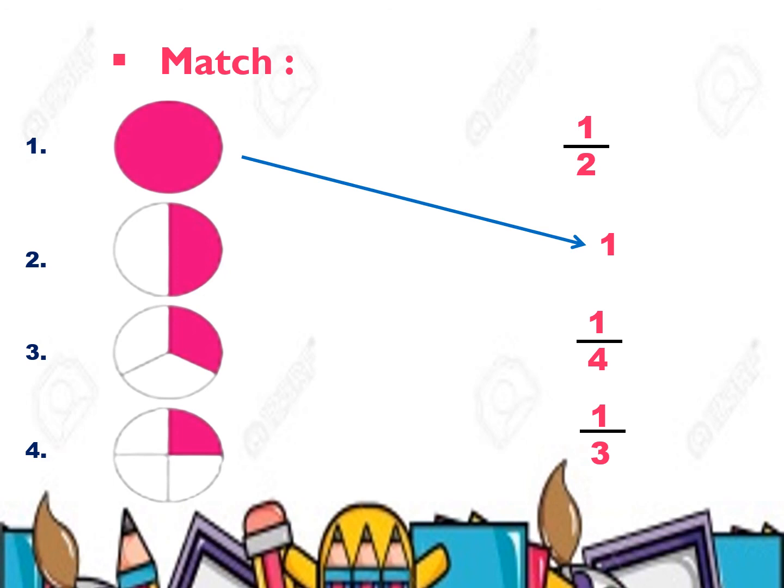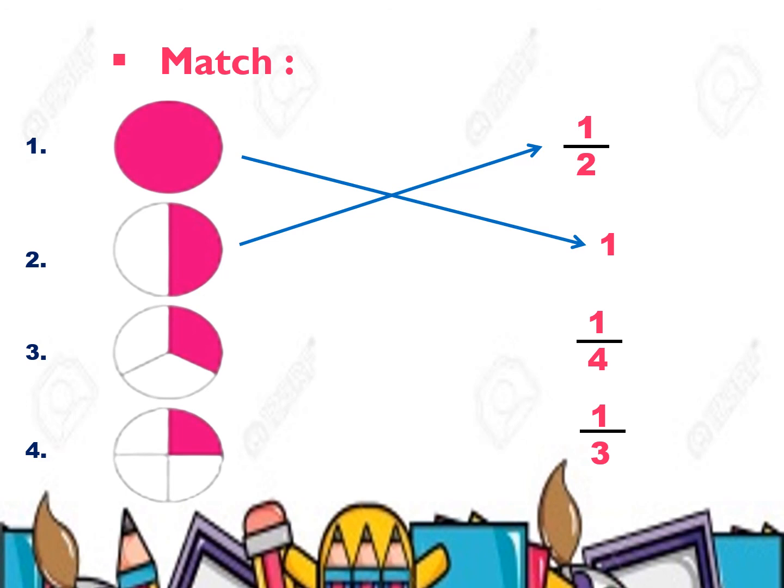The second circle I have here divided into 2, so the total parts 2. And I have one part colored. So I will write 1 over 2. I will match it to 1 over 2, called 1/2.